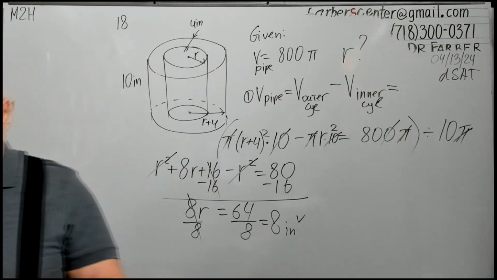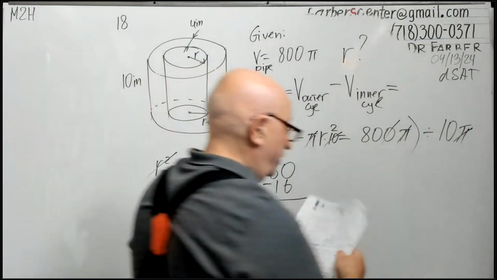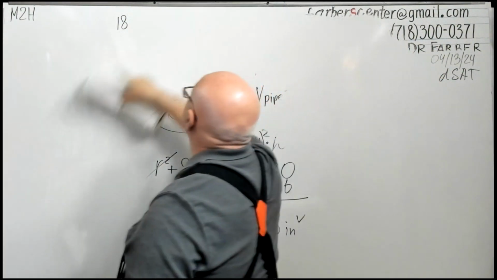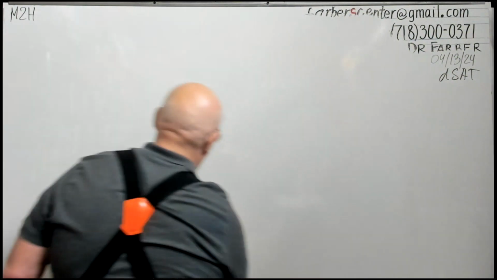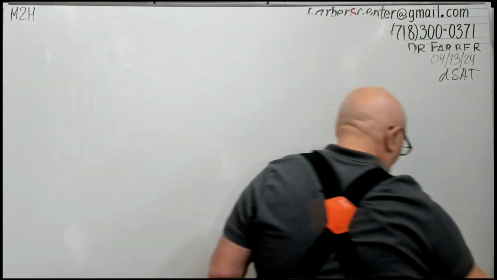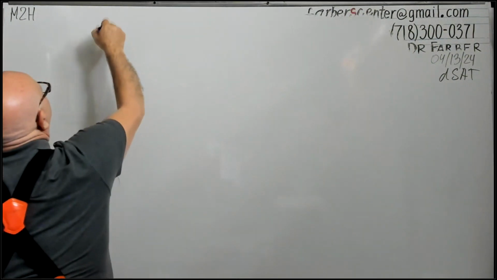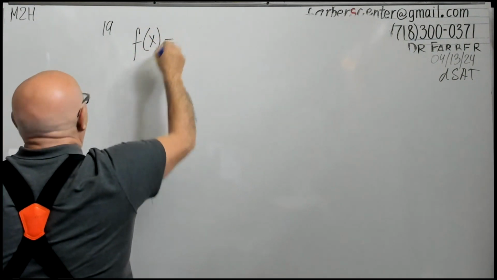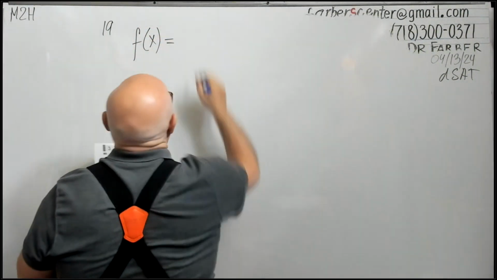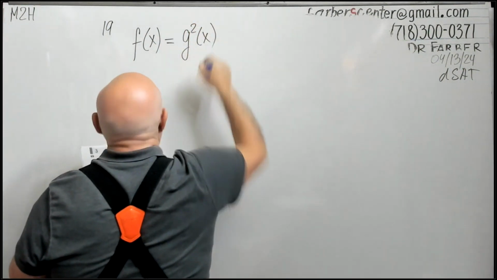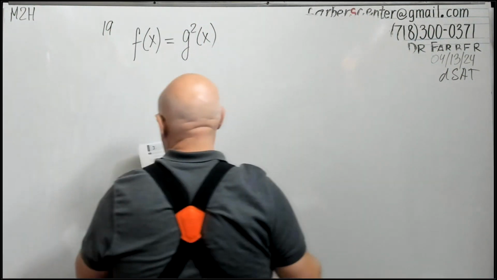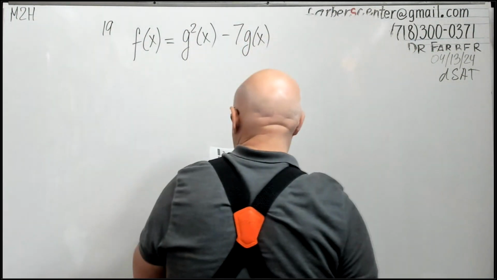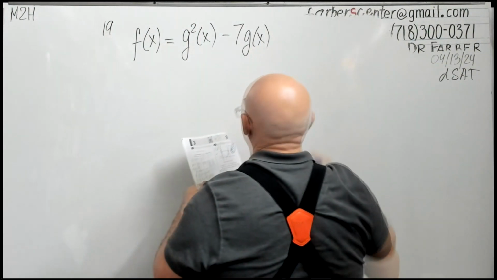Okay, it's for some more students. 19. In number 19, we have f of x equals g of x squared minus 7g of x plus 15.